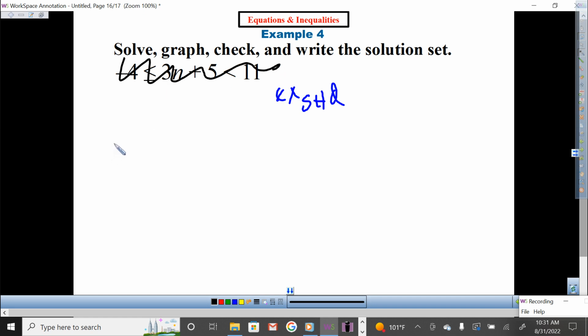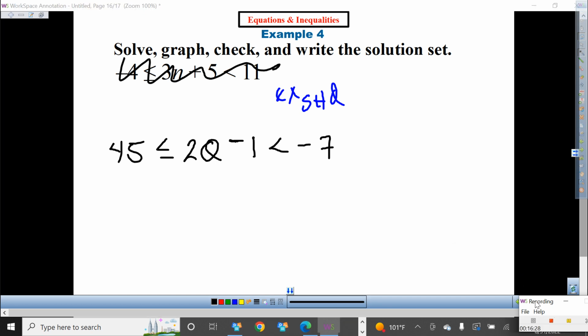Let's do 45 less than or equal to 2Q minus 1 less than negative, give me a number? All right, 7. All right, let's see how you do with that one. Ready and go.